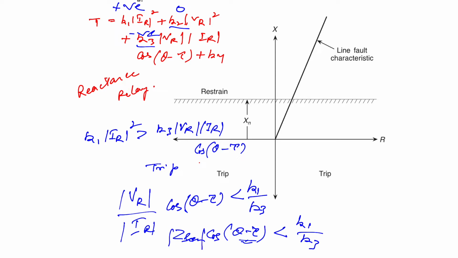Let us suppose that we set the MTA of the directional element to be 90 degrees, and let us suppose K1 by K3 is Xn.